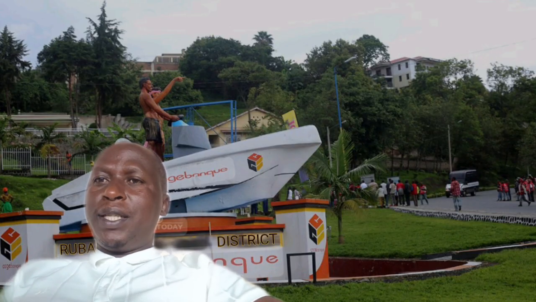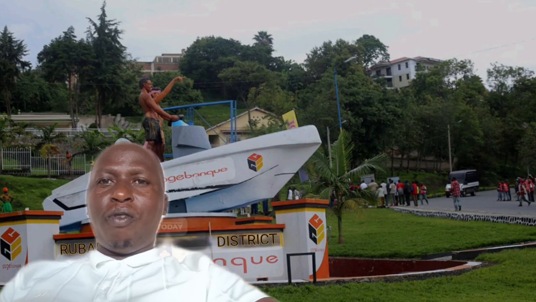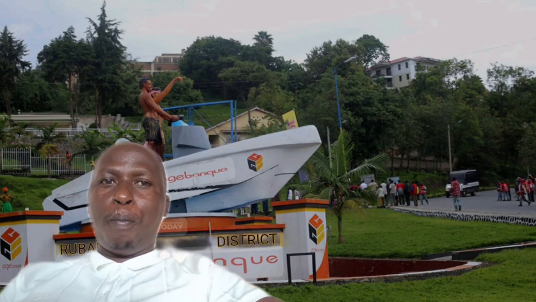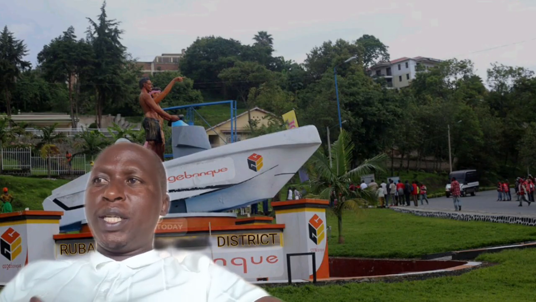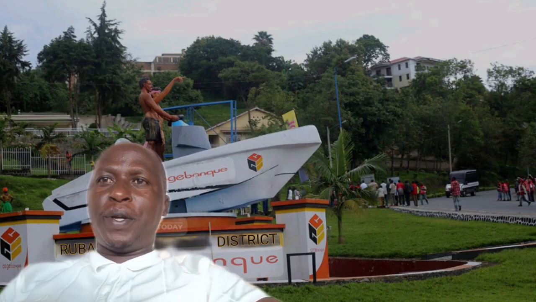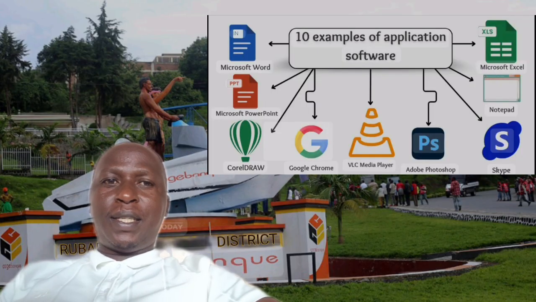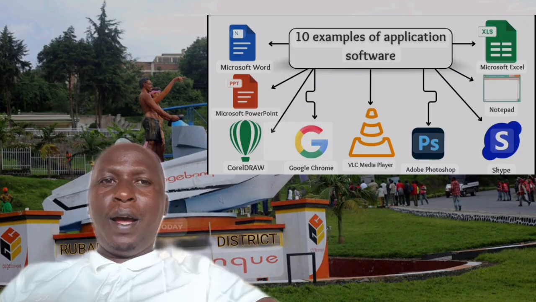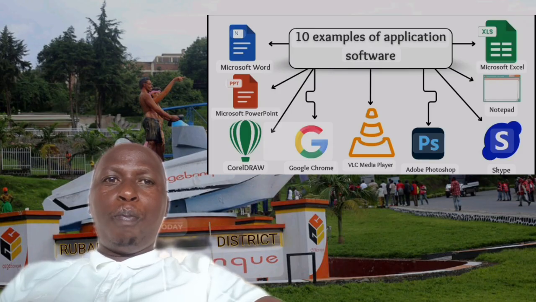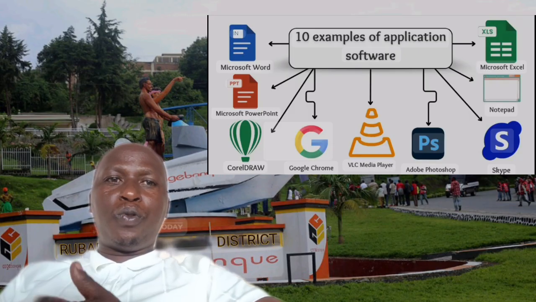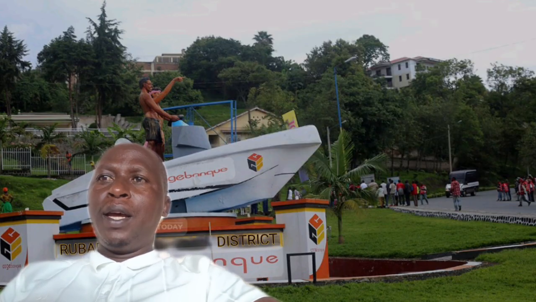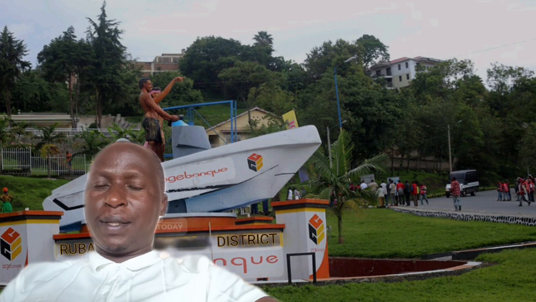So now we should discuss the second category of computer software, which is application software. As the name suggests, application software is a group of software which helps computer users to do jobs or just to accomplish different tasks.